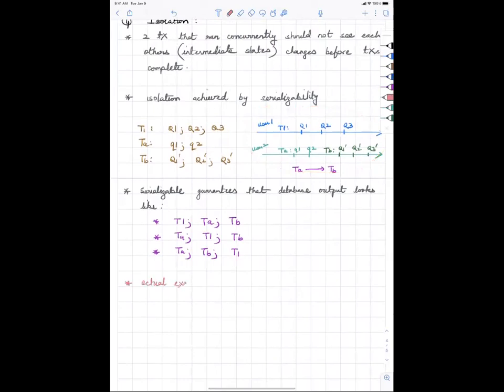So the actual execution may have parallelism.